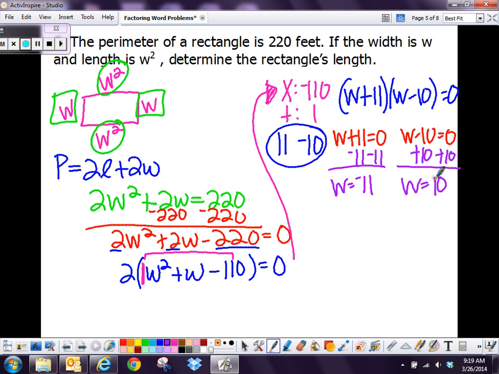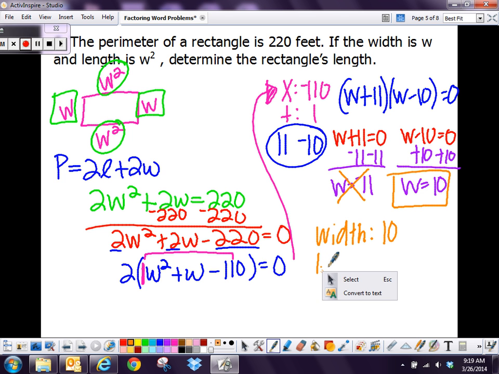Now what I can do is look at this again, just like the previous problems, and I don't want both of these answers because measurements cannot be negative. So I don't really care that w equals negative 11. I only care that w equals 10. So my width here is 10, and my length, it says, is w squared, which means 10 times 10, which is 100.